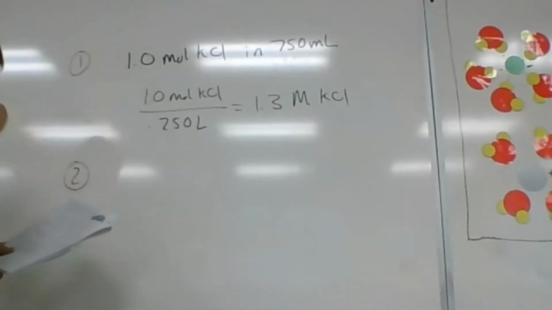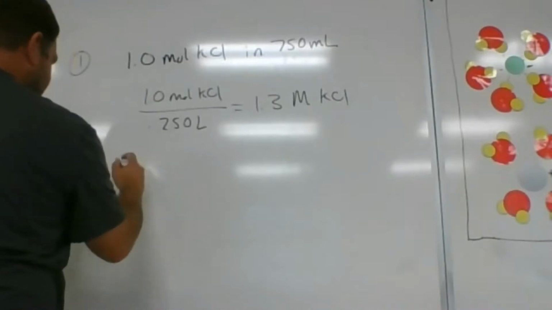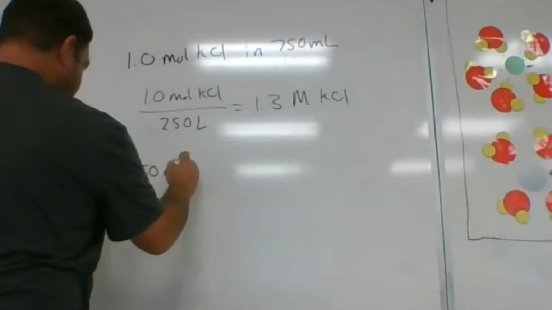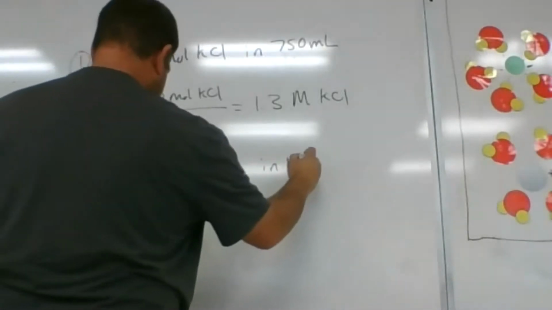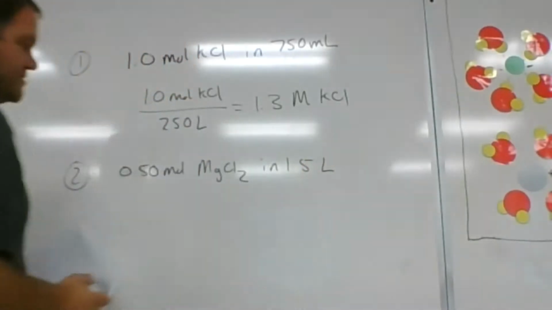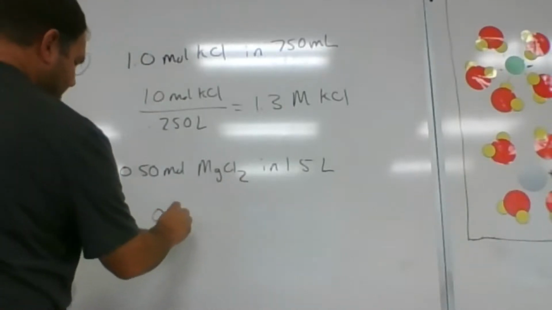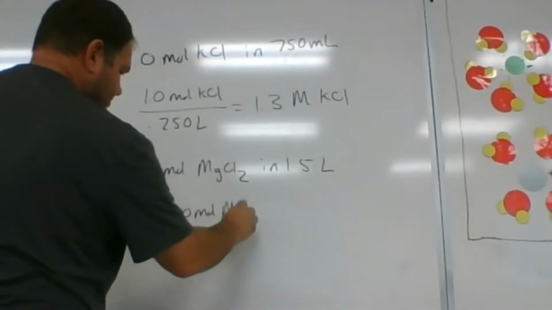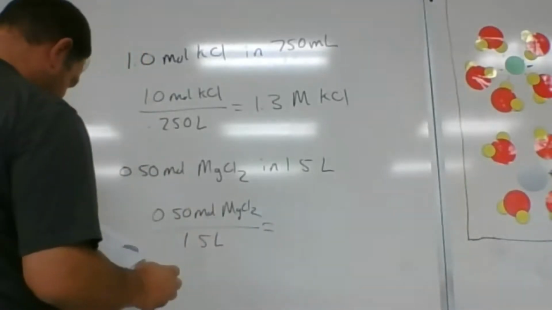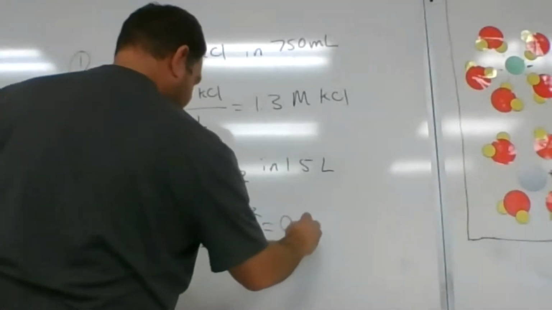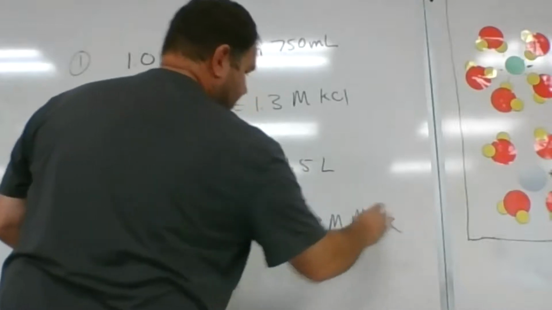What about number 2? Well, number 2 says I have 0.50 moles of magnesium chloride, and I'm going to place that in 1.5 liters of solution. So this is even easier. I'm just going to find the molarity by taking 0.50 moles of magnesium chloride and dissolving it in 1.5 liters of solution, and that is going to give me a 0.33 molar solution of magnesium chloride, okay?